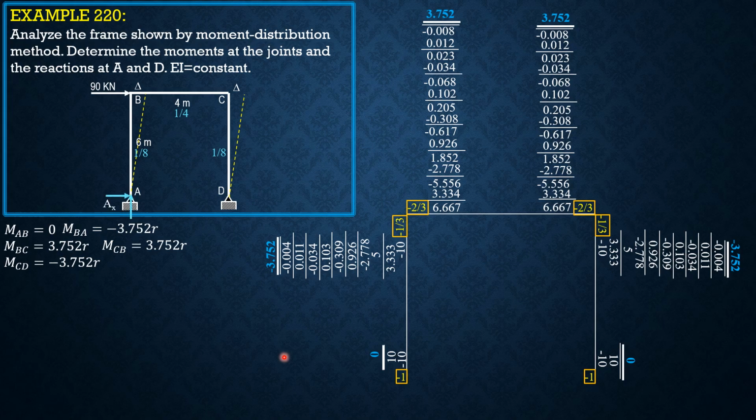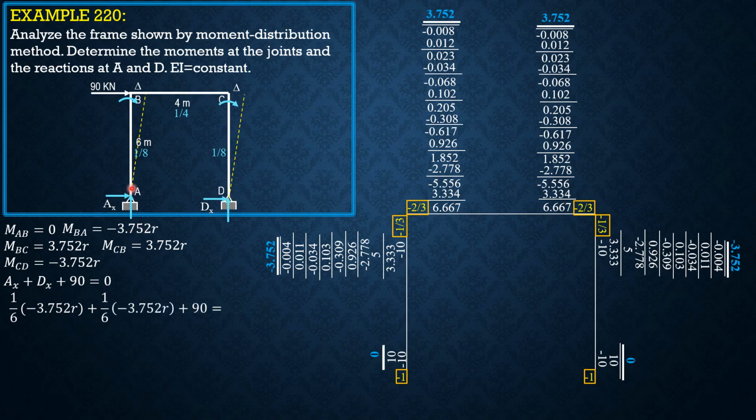For the reactions, AX equals DX equals negative 270 over 6. Since AX equals DX equals negative, these assumed directions are wrong. So AX equals DX equals 45 kilonewtons leftward. Then for AY and DY, summation of moment about D equals 0 considering the whole system.